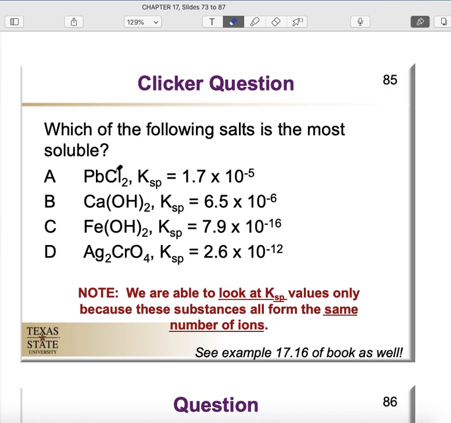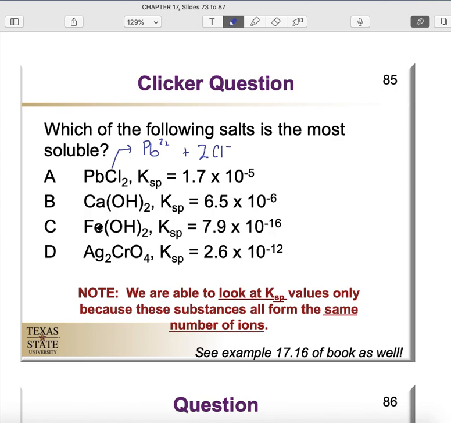So for example, when I dissociate lead chloride, it forms one lead 2+ cation and 2 chloride ions. So that means we have a total of 3 ions. If you look at the calcium hydroxide, it would form 1 calcium ion and 2 hydroxide ions. So that's a total of 3 ions.